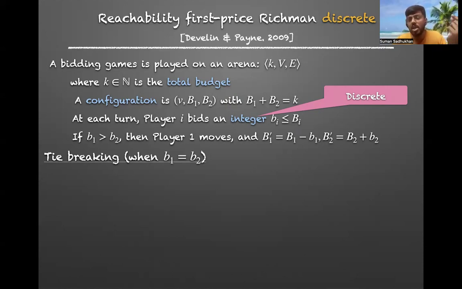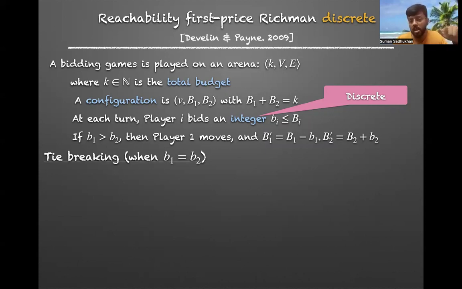That means we don't say what happens if both players bid exactly the same, because in continuous there are many possibilities of bidding. Or we can arbitrarily choose that when a tie occurs, we always let player one move the token.